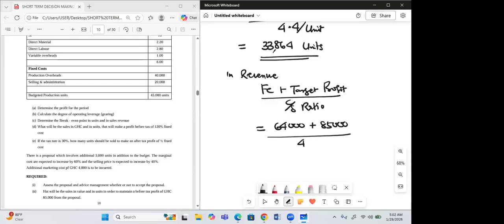CS ratio: contribution was 4.4, selling price was 14, giving what? 64,000 plus 85,000 is 474,091. It was 90.9, so I just rounded it.